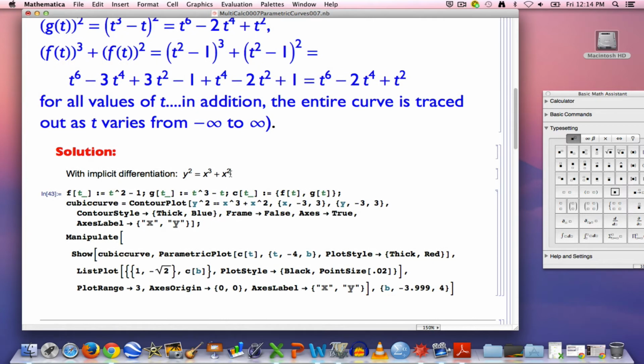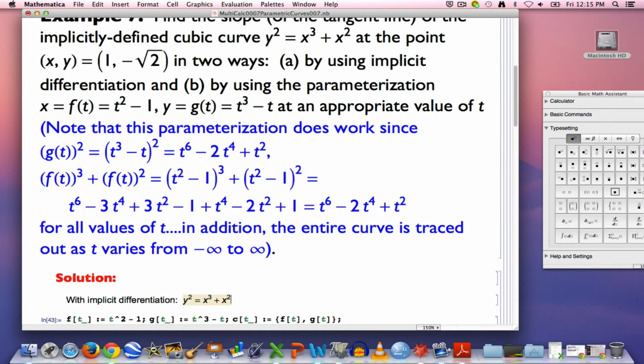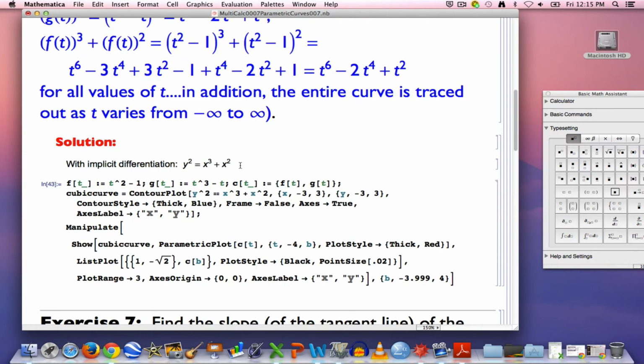Here it's pretty obvious because you could clearly take plus or minus the square root of x cubed plus x squared, and in fact you would take the minus square root because the second coordinate here is negative. So it's pretty clear that you could solve for y as a function of x, but in general it's not always clear, and you always make the assumption that the given equation does define y as a function of x near the point in question.